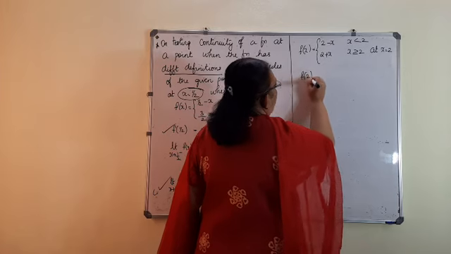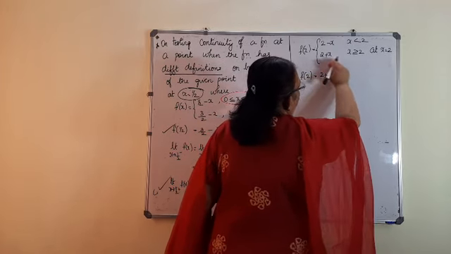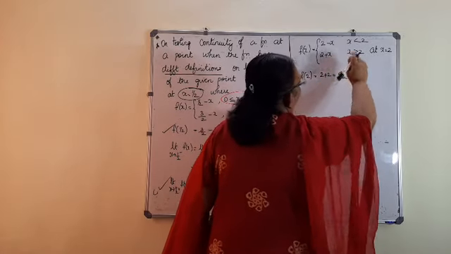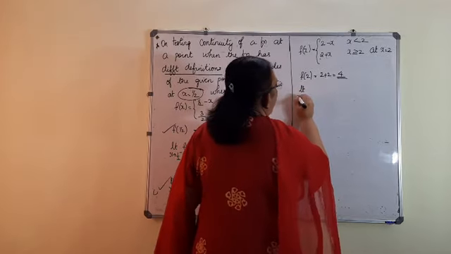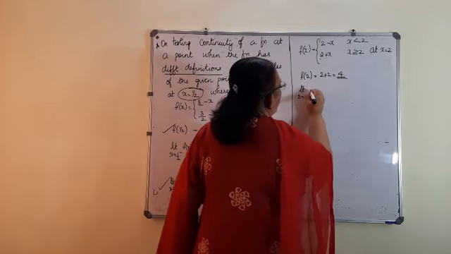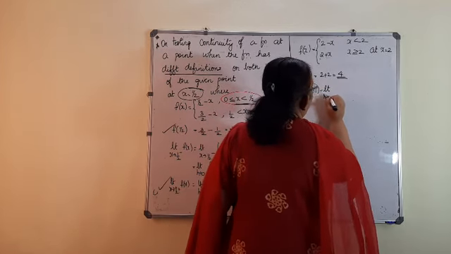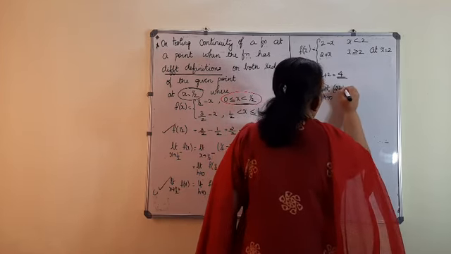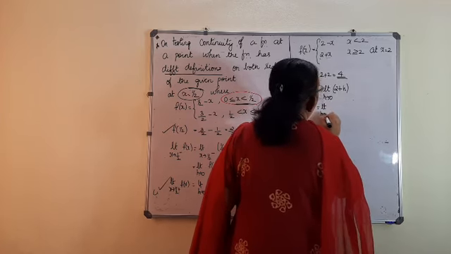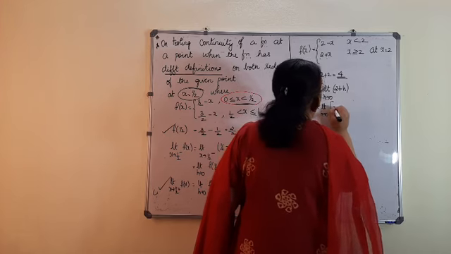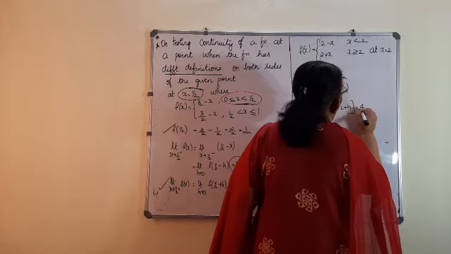f of 2 is equal to 2 plus 2, which is equal to 4, since x greater than or equal to 2 means it is 2 plus x. Limit x tending to 2 plus f of x is equal to limit of h tending to 0 of 2 plus 2 plus h, which is equal to 4.